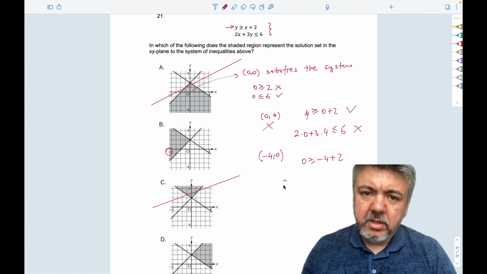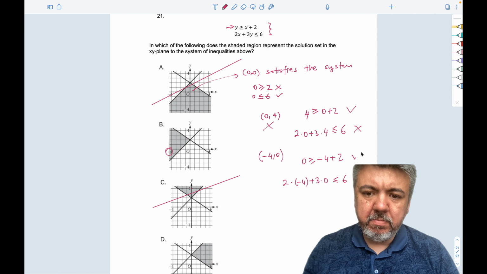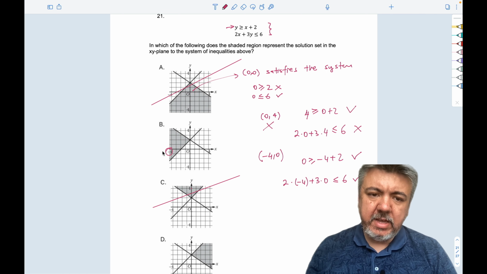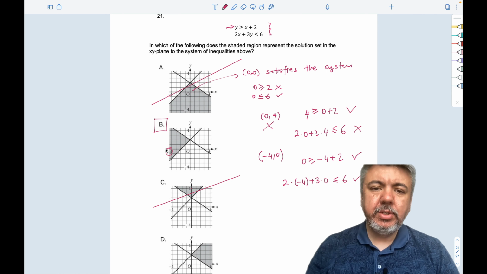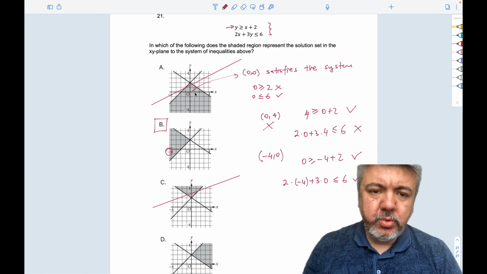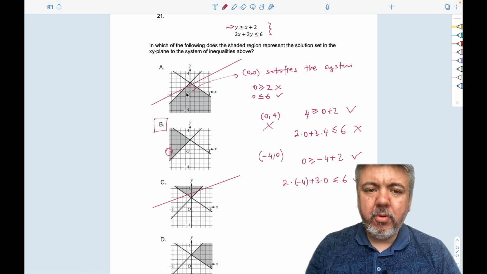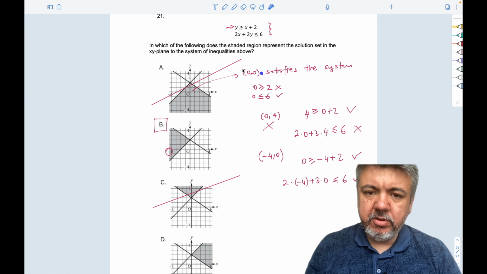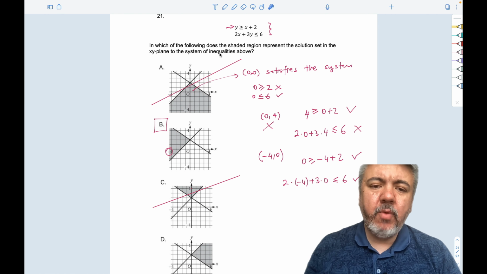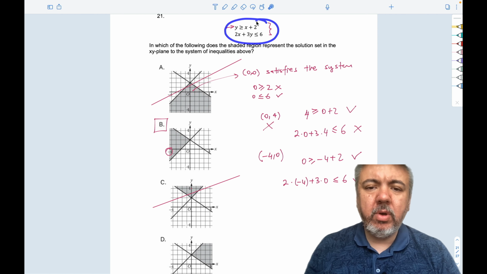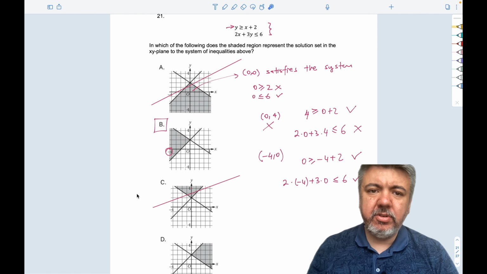And here, 2 times -4 plus 3 times 0 less than or equal to 6. These are both correct. So the answer is choice B. So we choose some important points like 0, 0, 0, 4 and -4, 0 to see whether both inequalities are satisfied in that region or not.